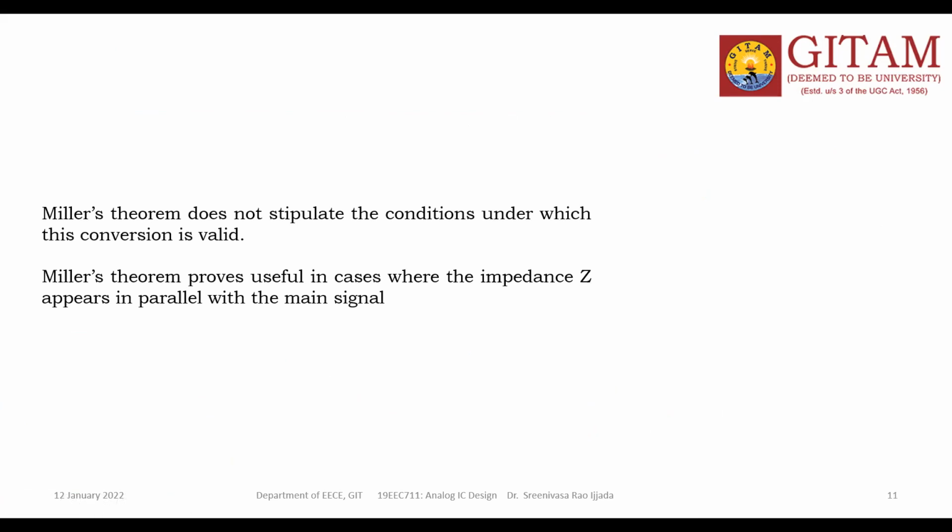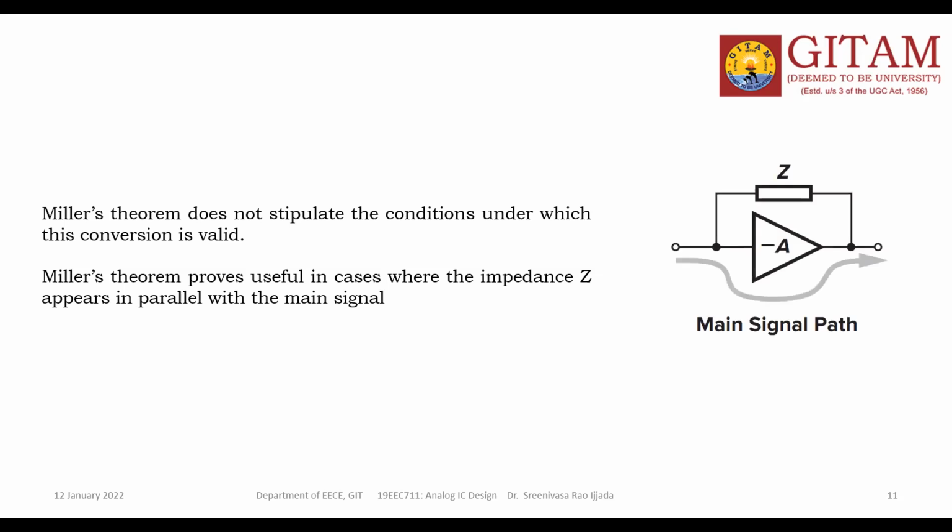Miller's theorem proves useful in cases where the impedance Z appears in parallel with the main signal. If you take this one, this is the main signal path, and this is another path. Now Z is parallel to this one. So Miller's theorem you can apply whenever the impedance Z is parallel with the main signal.